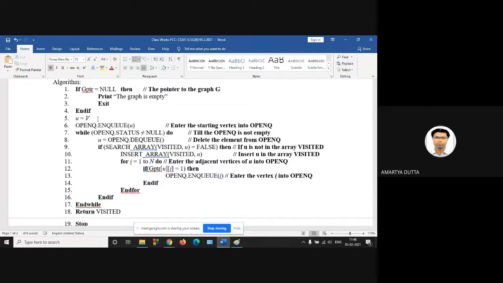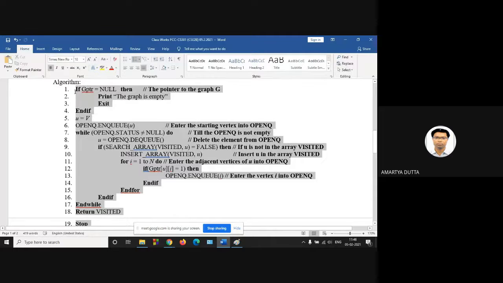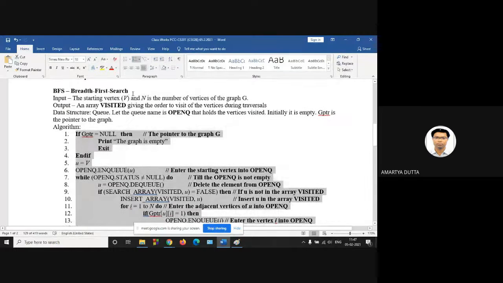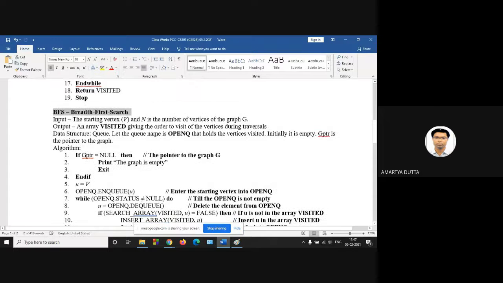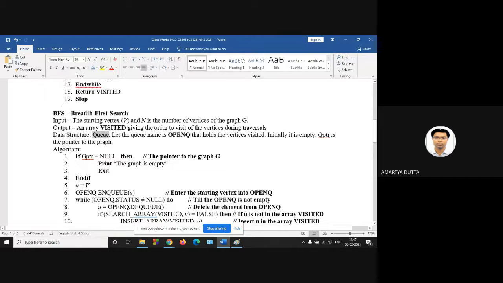Do you have any questions, any queries? Please clarify. These are the algorithms. This is your breadth first search algorithm, BFS. It uses the queue data structure.